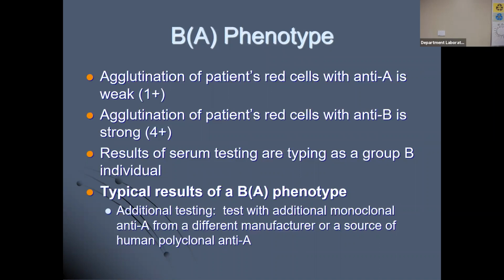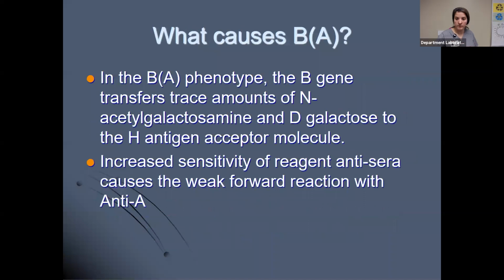You could try a monoclonal. It's a more specific reagent, and that would make that reaction go negative. Again, it's because our B gene is transferring just a little bit of that N-acetylgalactosamine, and the reagent is so sensitive, it's picking up on that.